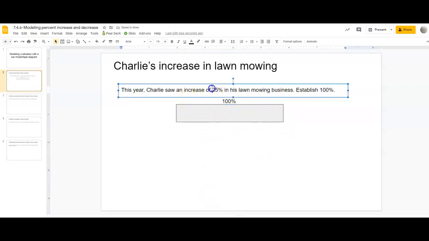So now I need to get this 25% increase, which means 25% of this 100%. Percents don't exist without some context attached to them. They are always connected to a real life situation.